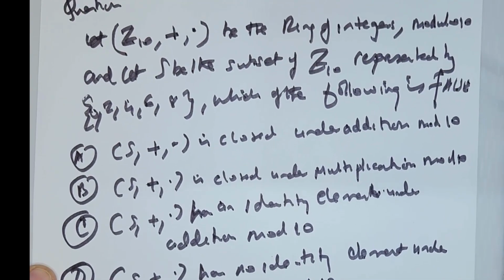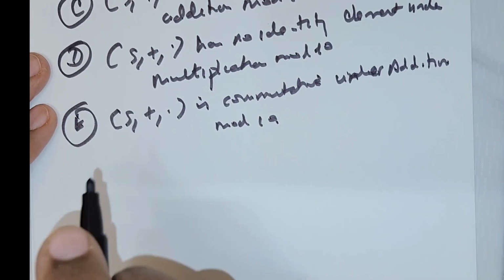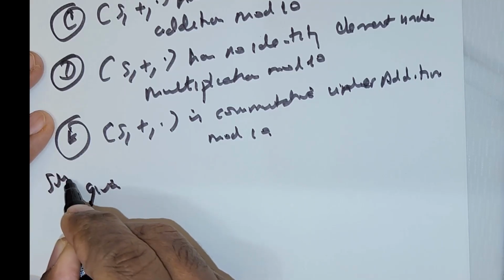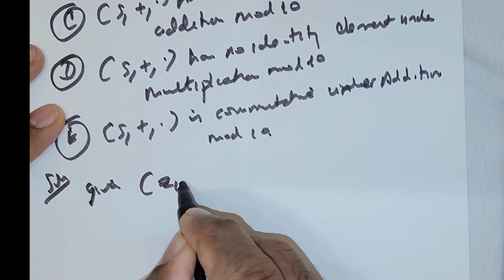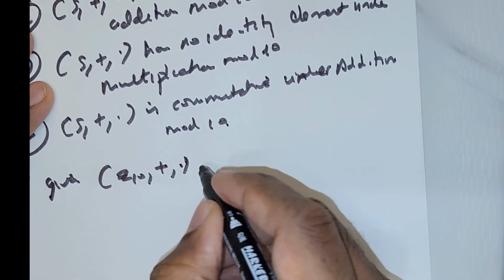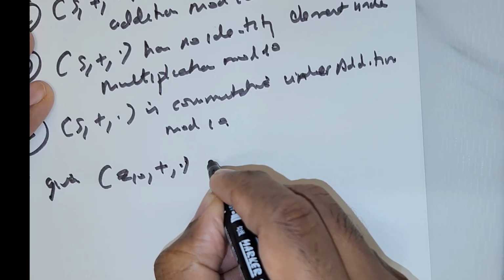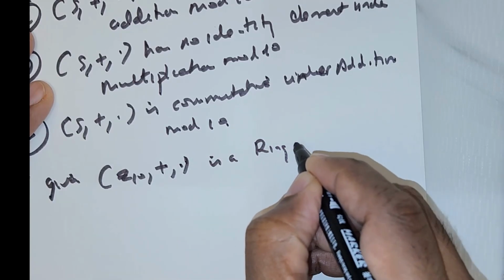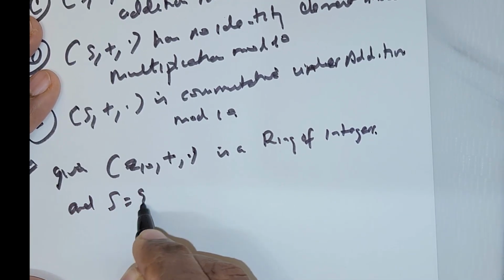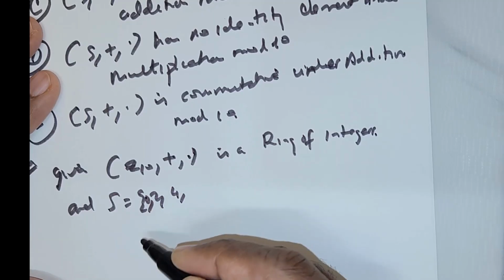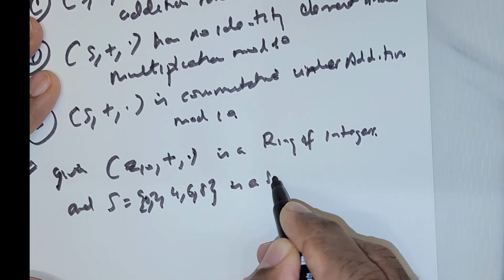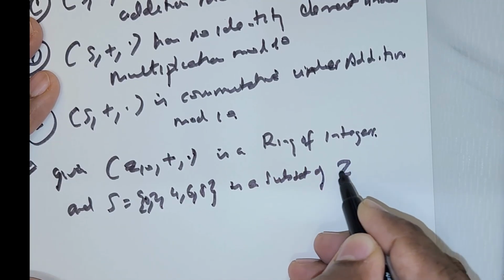Okay, I hope you all have got the solution. Let's see how to obtain it. Now what is it that we are given? We are given that Z10 under addition and dot, in this case dot is product or multiplication, is a ring of integers, and S being equal to 0, 2, 4, 6, 8 is a subset of Z10.